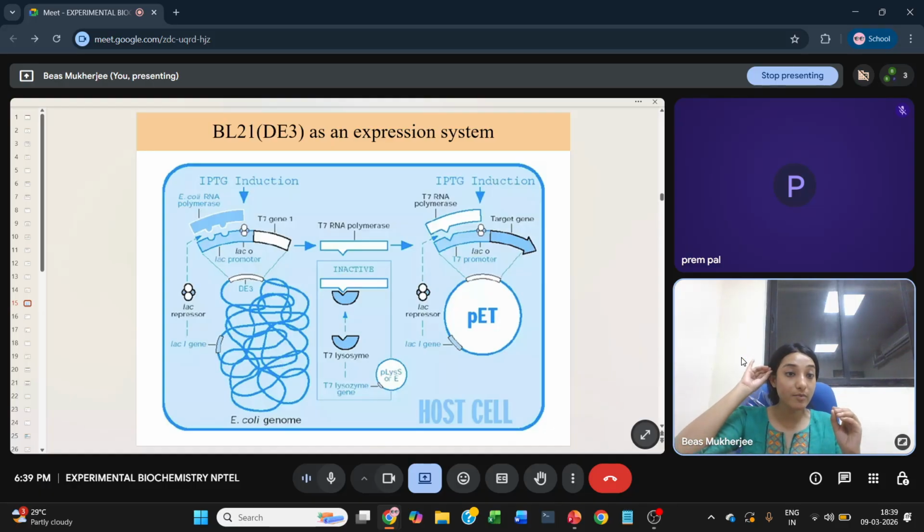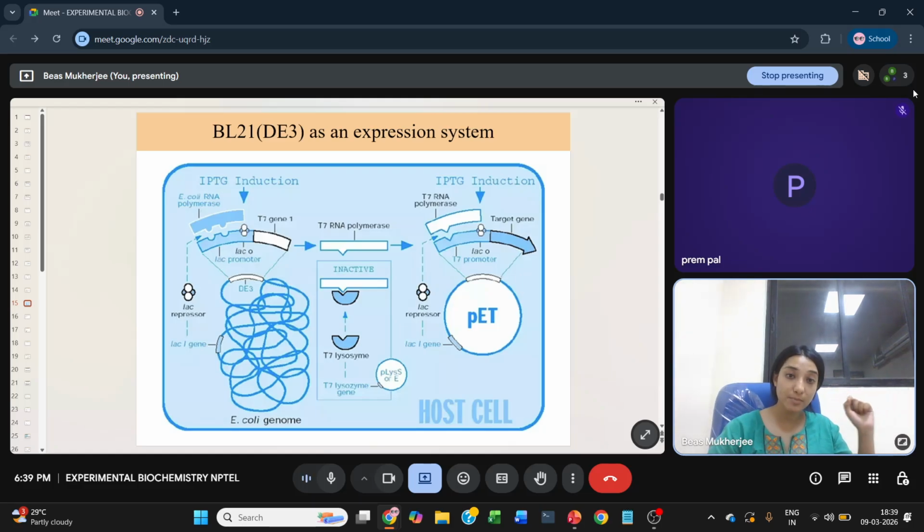So this small amount of T7 RNA polymerase that gets produced, this can go inside our pET vector, this vector is inserted into the bacteria. So in the pET vector there is the gene of interest, and this gene of interest is under the control of the T7 RNA polymerase promoter. So this T7 RNA polymerase will go and bind to the promoter region and start producing a gene of interest.